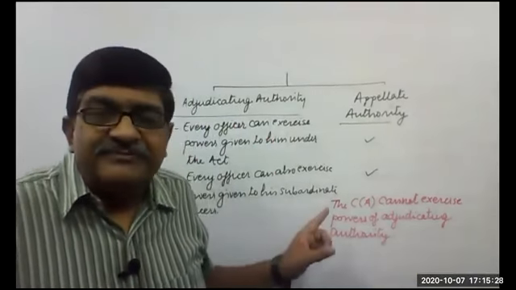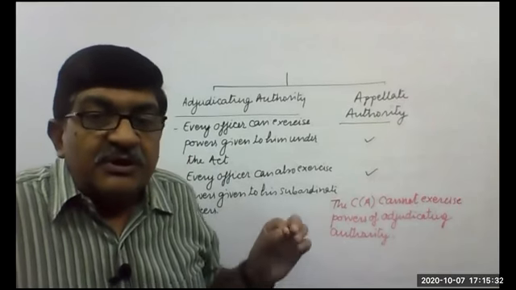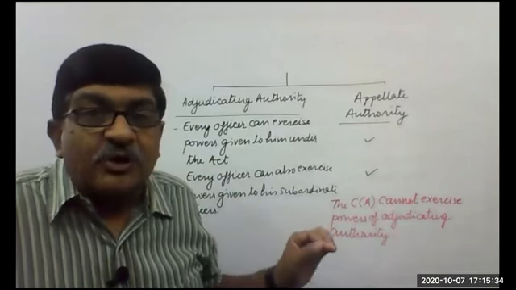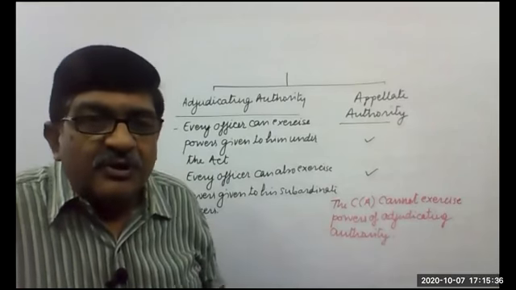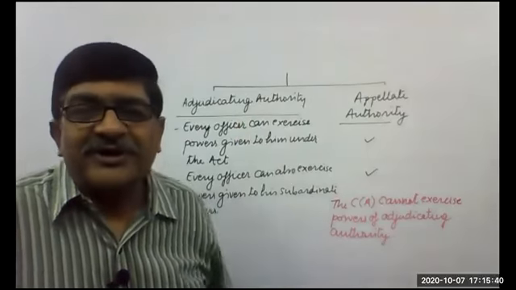Why? For the simple reason, the role of appellate authority begins only after the end of the role of adjudicating authority.